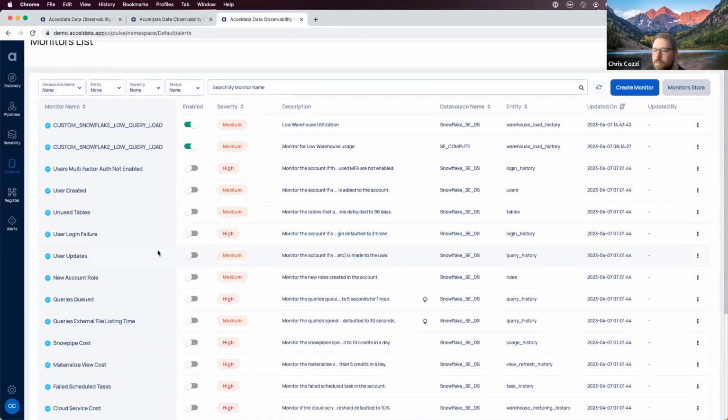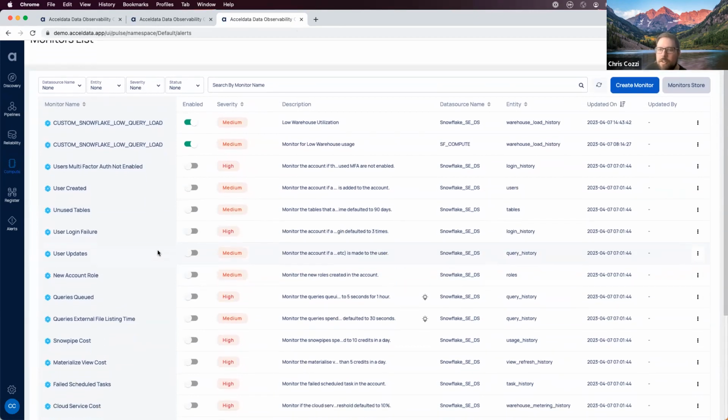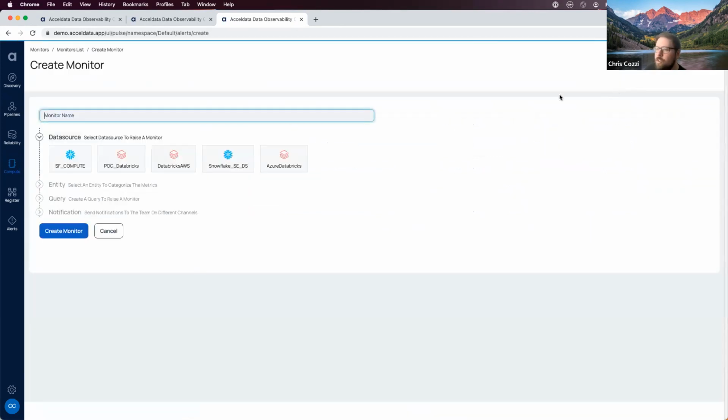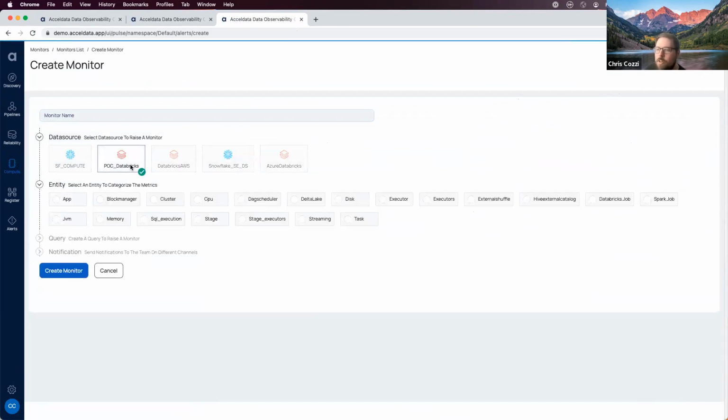The parameters of these can be tweaked, but essentially we're trying to give out of the box monitoring across the dimensions of the cost of the system, the performance of the system, guardrails that you should be implementing in the system, packaging that all up very easily out of the box, while still allowing the user to drop into a purely custom monitoring capability where you can really go in and configure any type of alert you want based on any of the entities we're pulling in from Databricks, from Snowflake.